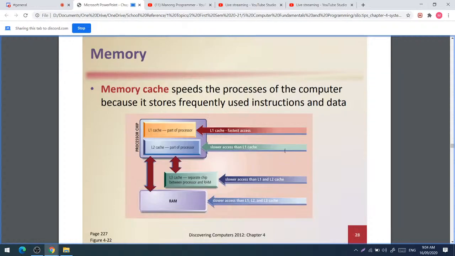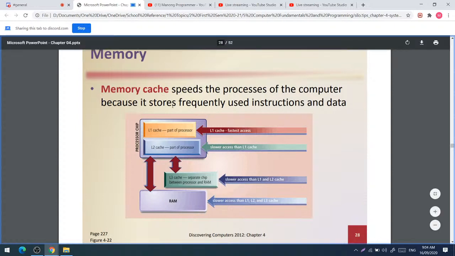So, we also have the memory cache. Memory cache speeds the processes of the computer because it stores frequently used instruction and data. I repeat, this memory cache, take note, nasa loob po yan ng processor. So, kung ano yung mga laging ginagamit mo na instruction, i-store niya po doon.